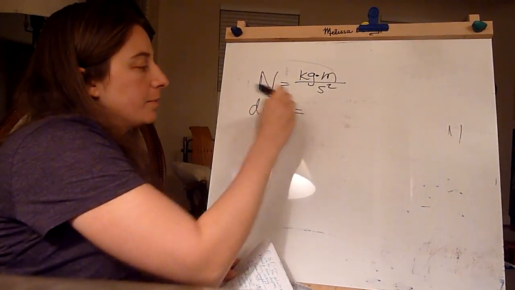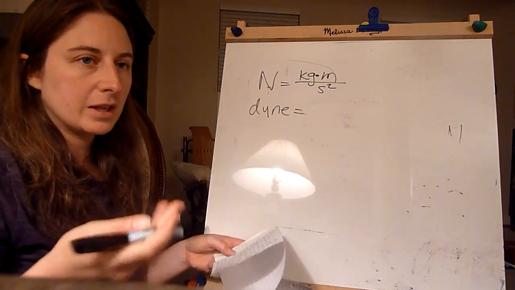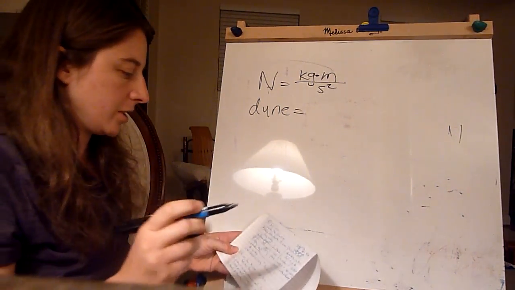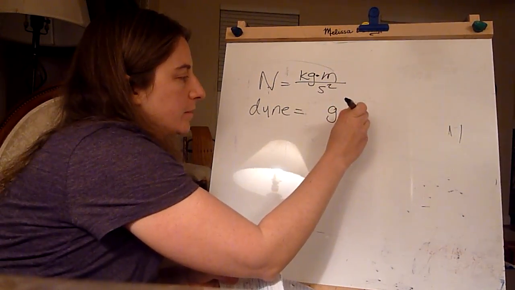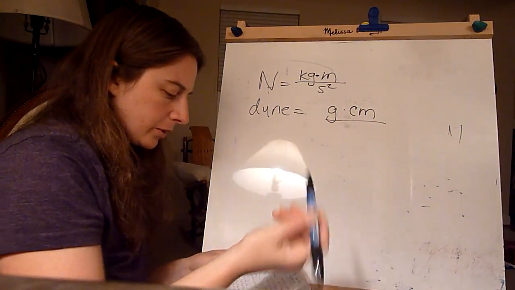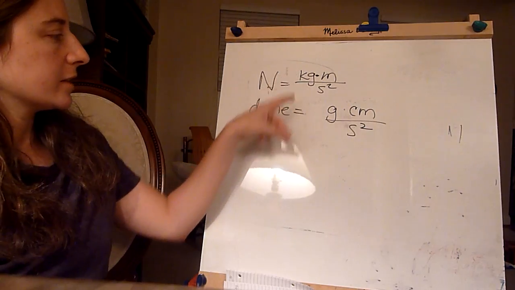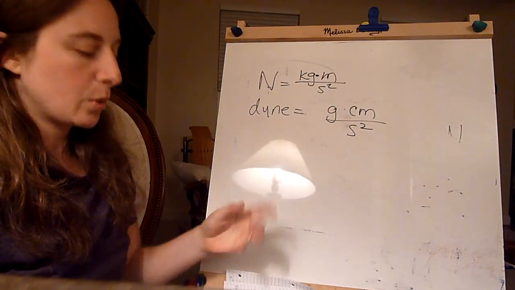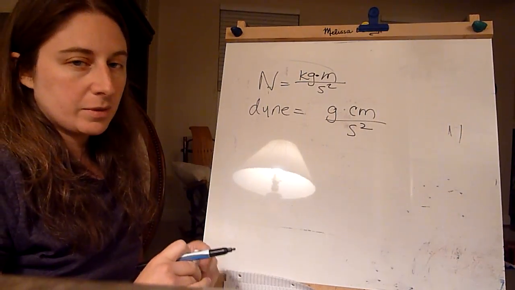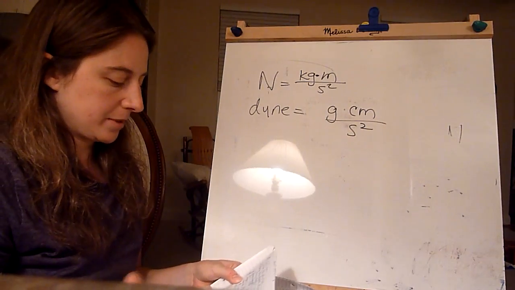It's for measuring very, very small forces, such as might be found in electronics where tiny little things are touching each other. This is the gram centimeter per second squared. But again, you see you have a mass unit times a distance unit divided by a time squared unit. Always going to be the case there, even if you change the different types of measurement.